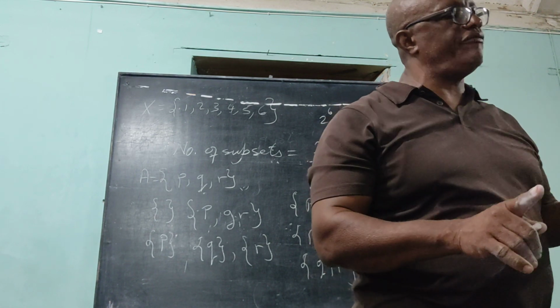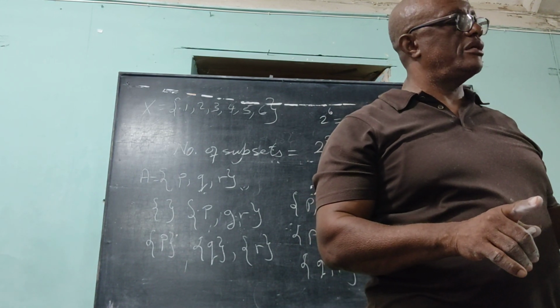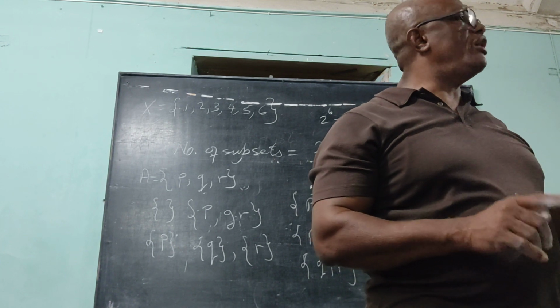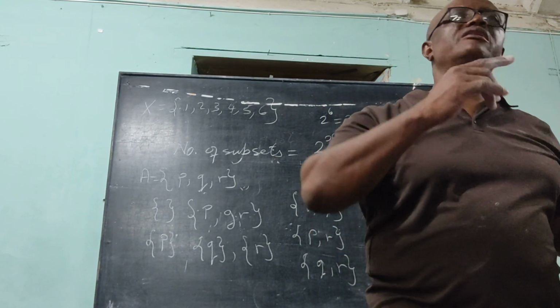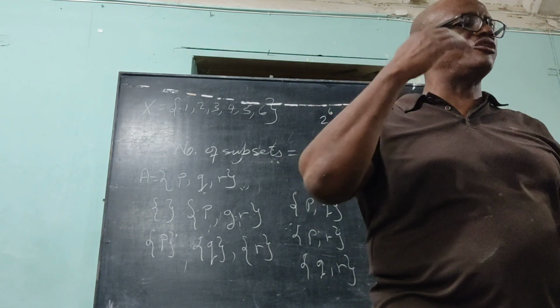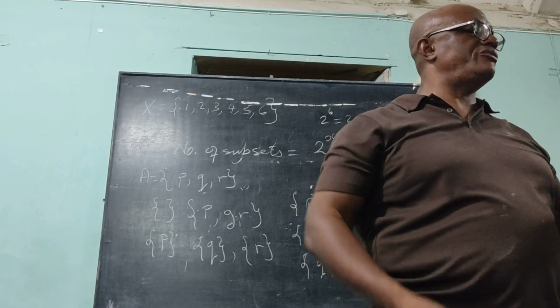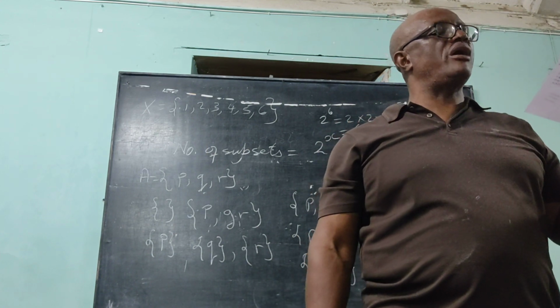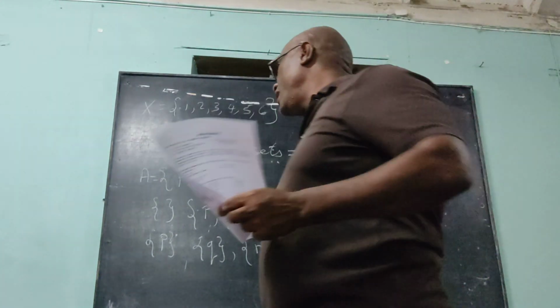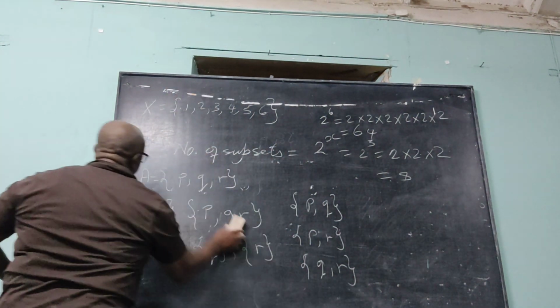Multiples of 3, right? I'm just asking you to describe them to help your understanding. Now you are asked to list, using curly brackets, the members of A intersect B.